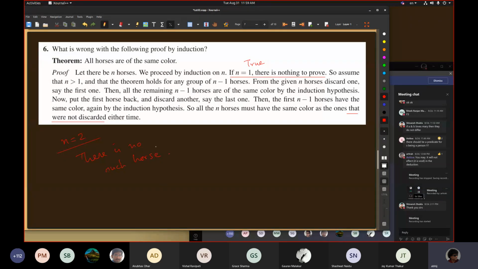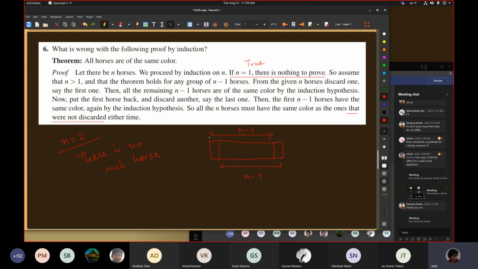N equal to 2, so you have something like this. There are n horses. You say that this n minus 1, they have the same color. This n minus 1, they have the same color. And then you discard this and this.